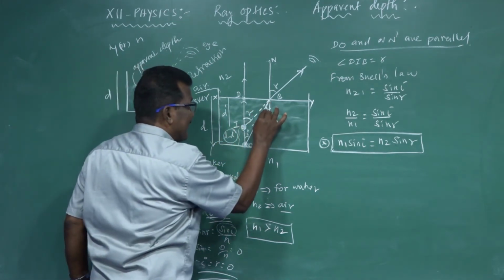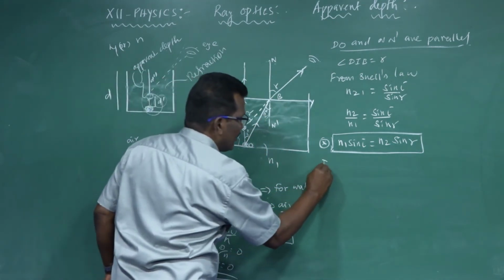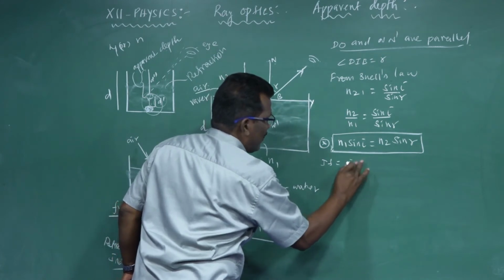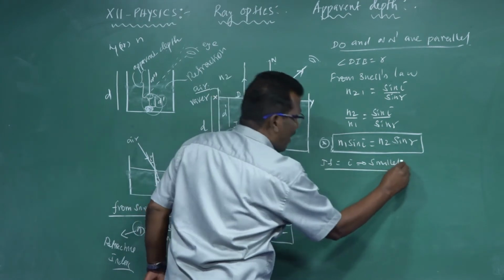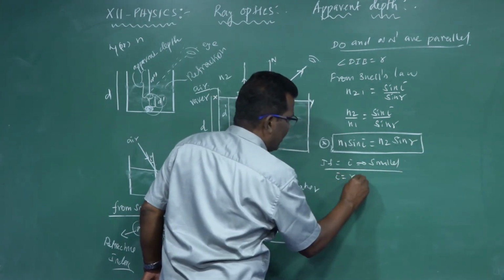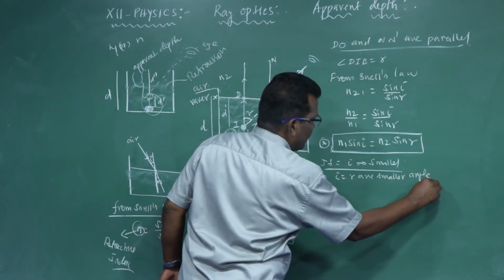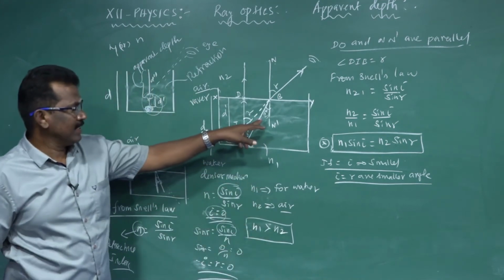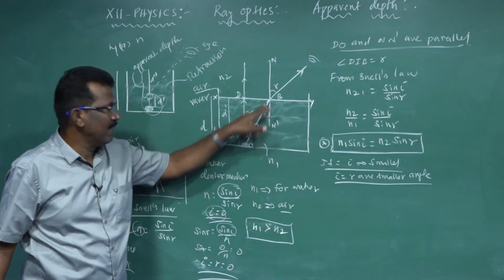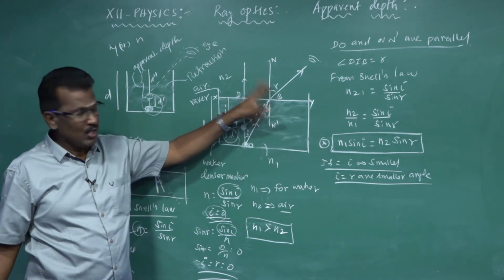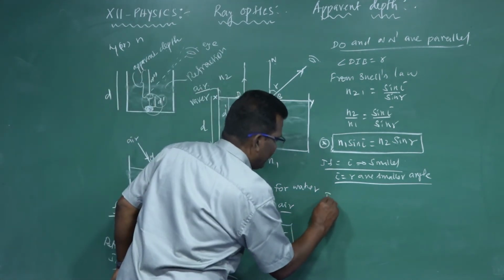If the angle of incidence I is very small, then R is also small. So I and R are small angles.